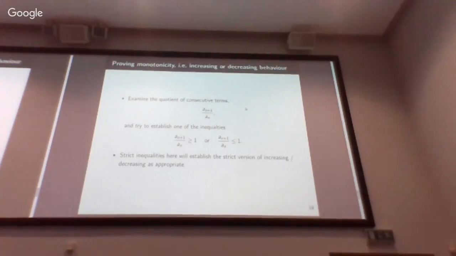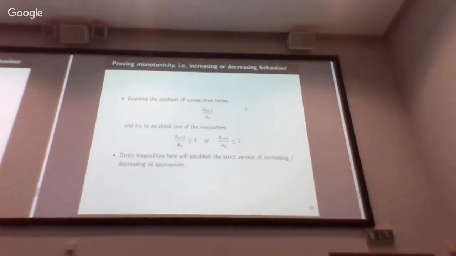Although for ratios, we have to insist that the sequence elements are positive, because the ratio can flip sign if one is positive and the other negative.